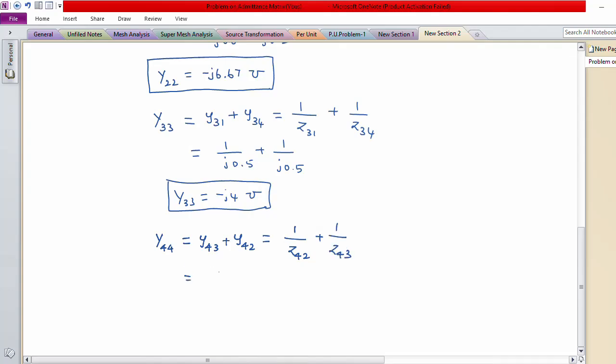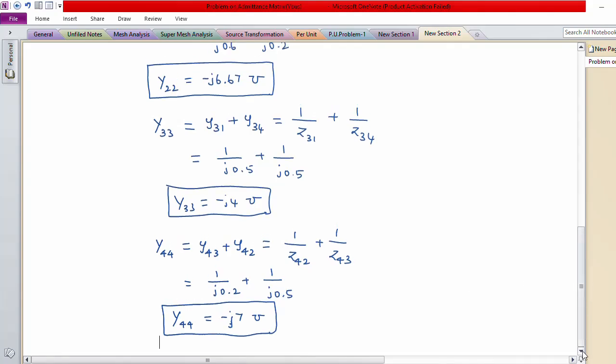The impedance value of line 4 to 2 is j0.2, so 1 by j0.2, plus line 4 to 3 is j0.5. If you simplify these values, Y44 will get minus j7. So now we have completed the calculation for the diagonal elements of the admittance matrix.